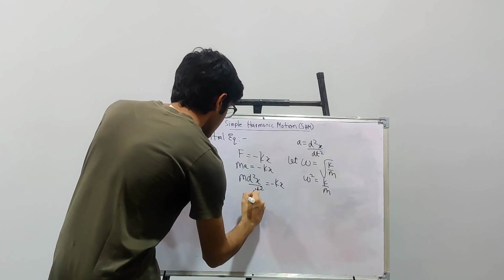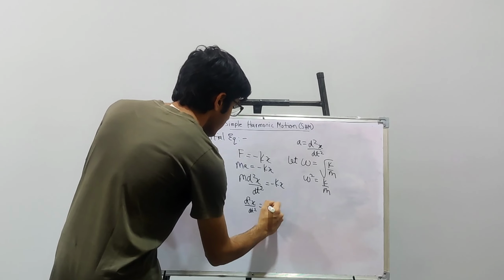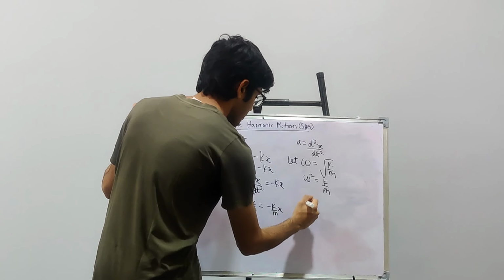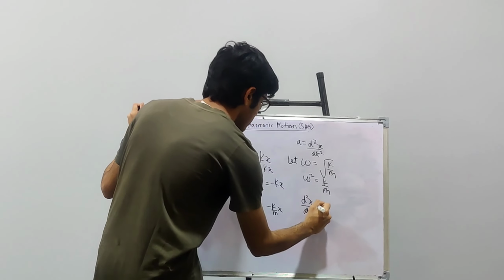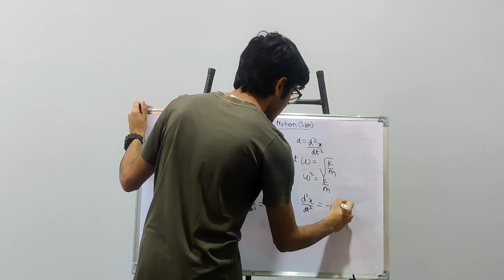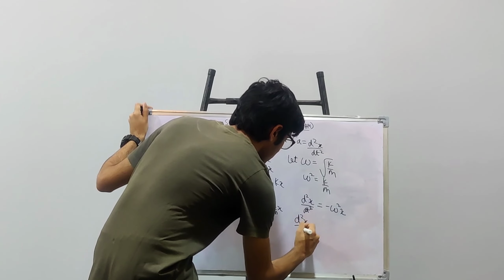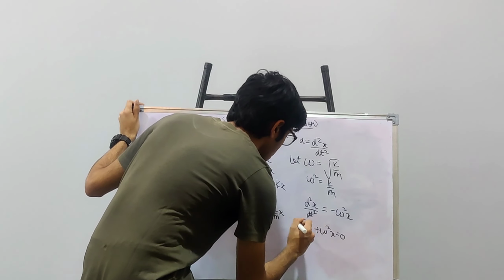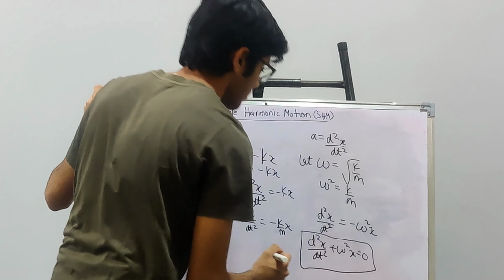So d square x upon dt square is equal to minus k upon m x, which will be minus omega square x. So the differential equation becomes d square x upon dt square plus omega square x is equal to 0. Any particle that executes SHM should satisfy this differential equation.